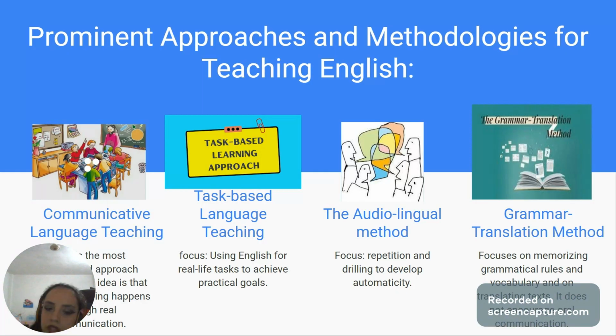It focuses on using English for real life tasks to achieve practical goals. And we can also say that it's not focused on the correct language form, but on the task objective. Students use the language as a tool to complete an activity with a clear outcome.